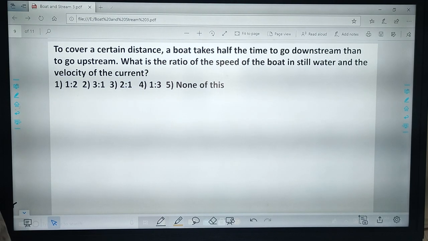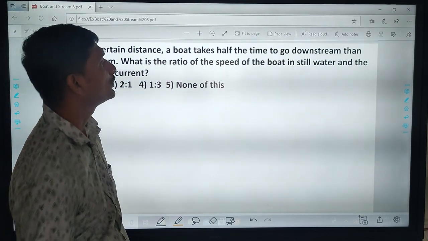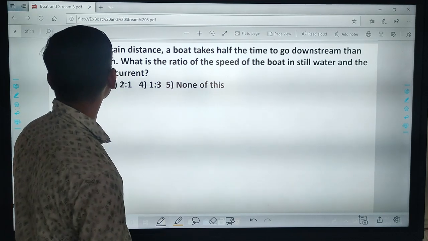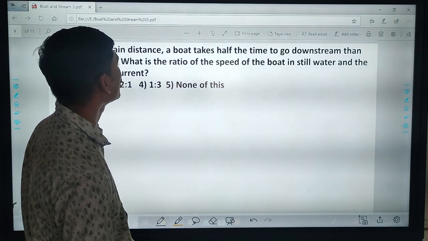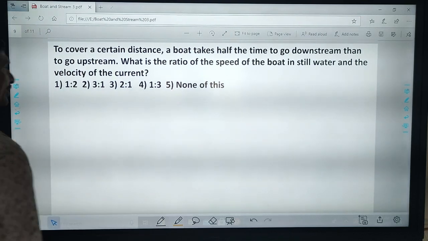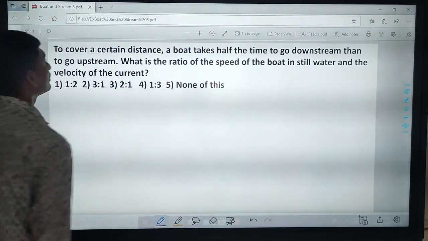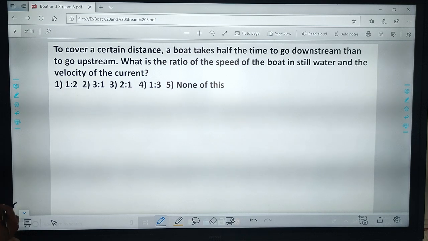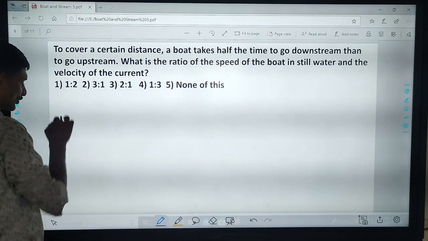To cover a certain distance, a boat takes half the time to go downstream than to go upstream. What is the ratio of the speed of the boat in still water and the velocity of the current? Here we find the ratio of time to go downstream and upstream.